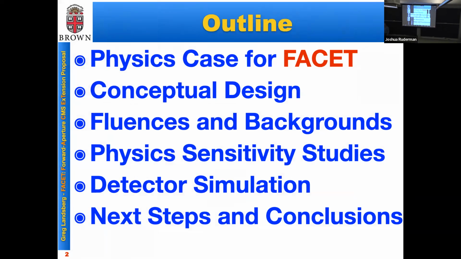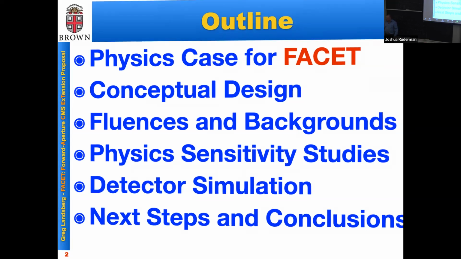First I'll give you a physics case for FACET, then talk about the conceptual design of the detector, backgrounds estimates, and physics sensitivity studies, which is probably the most important part of the talk, and I'll conclude with some fast and full detector simulation results, and talk about next steps.